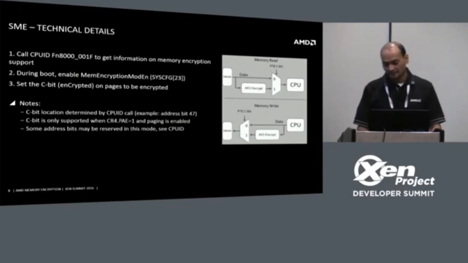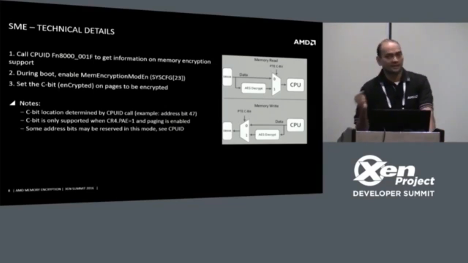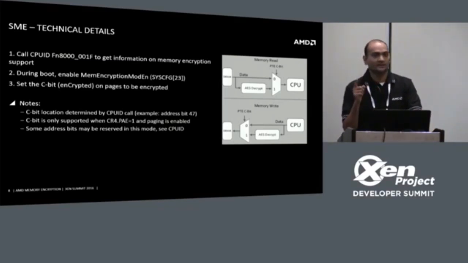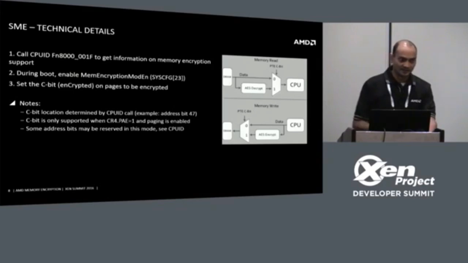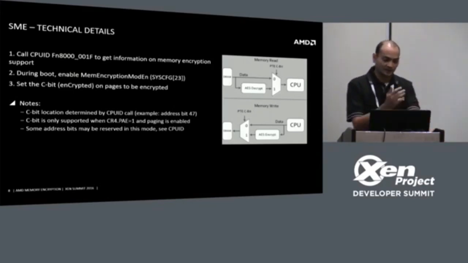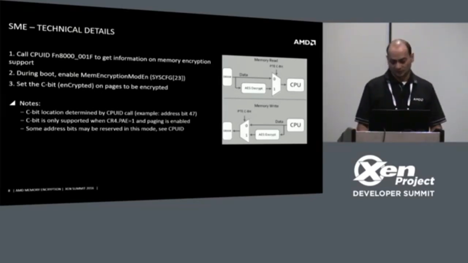Then we also need to consider UEFI, because if the system is booted through UEFI, then UEFI already loads Xen in high memory. In the documentation, our APM describes pretty well how you can do inline encryption in these types of situations.